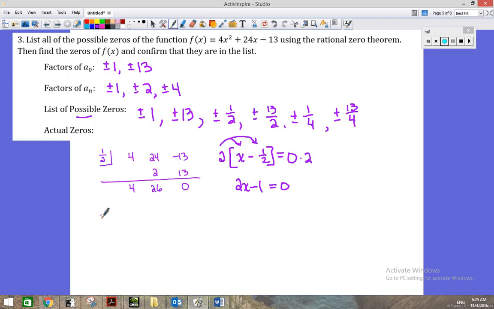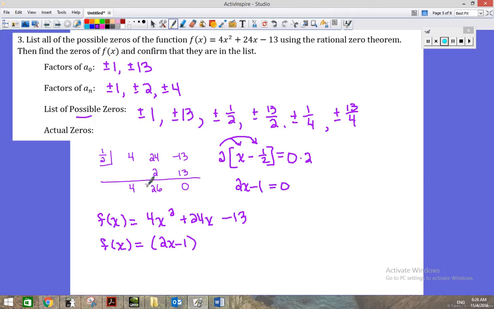So when I see a fraction like that, we write it in factored form like this. So what this is telling me, this original quadratic function, 4x squared plus 24x minus 13, I have found, using this rational zero theorem, that 2x minus 1 is a factor of that.